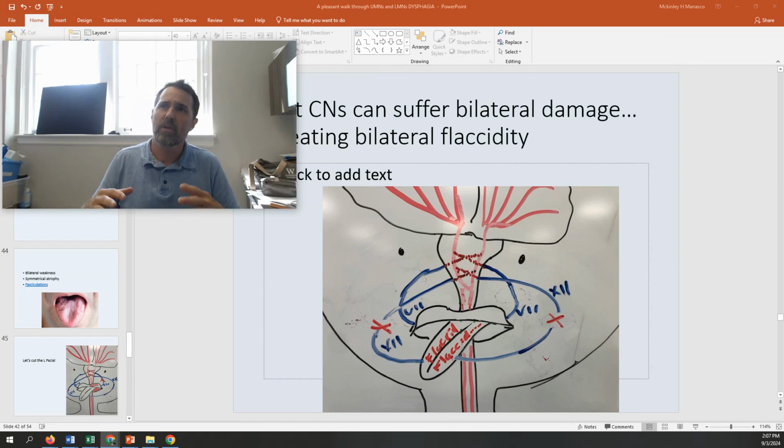are going to be rendered much worse. You're going to have much more severe oral dysphagias as a result of bilateral damage to the hypoglossal. So bolus manipulation is going to be much more severely impacted by bilateral flaccidity of the tongue.